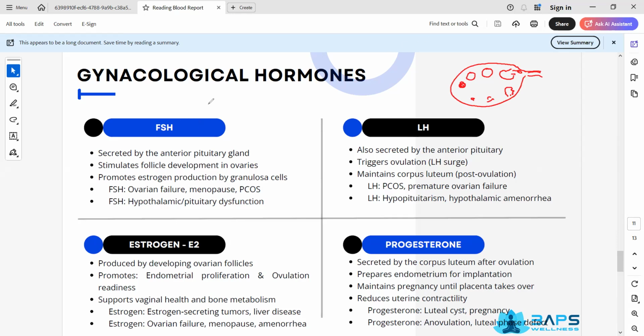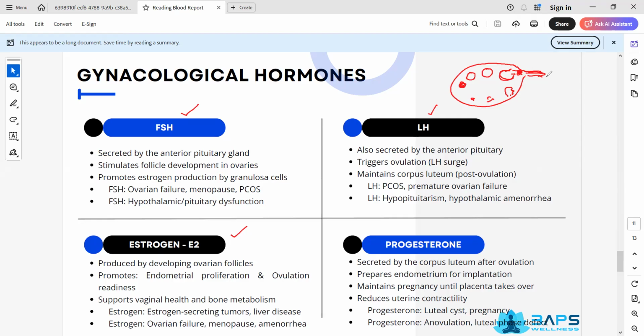With the action of FSH, follicle stimulating hormone, these follicles grow. As they grow, they produce estrogen, and at the mid of the cycle, the follicle develops into a full Graafian follicle. Afterwards, the ovum is released. That is called ovulation. That is again triggered by LH, luteinizing hormone.